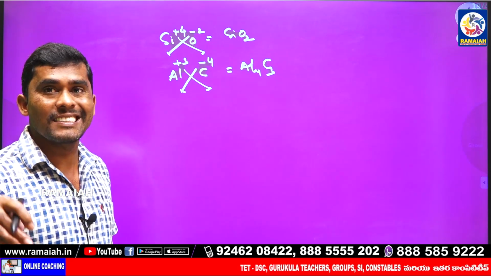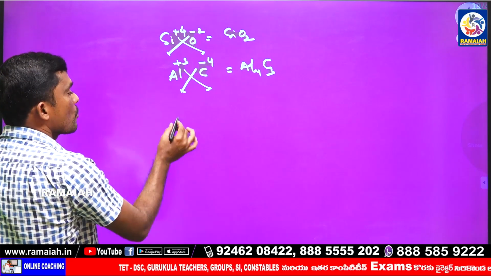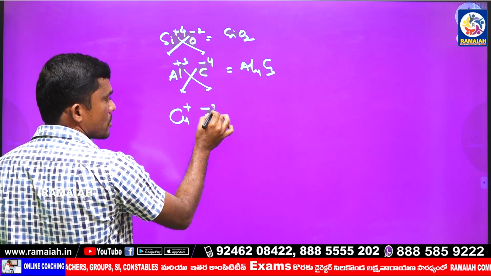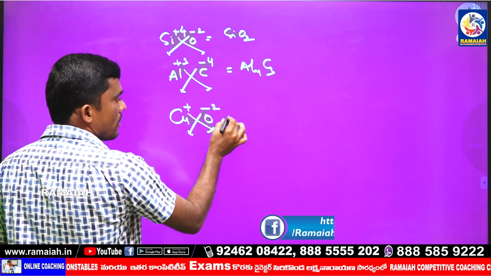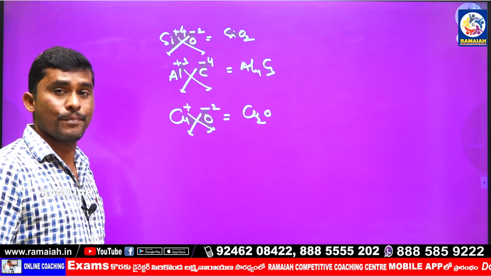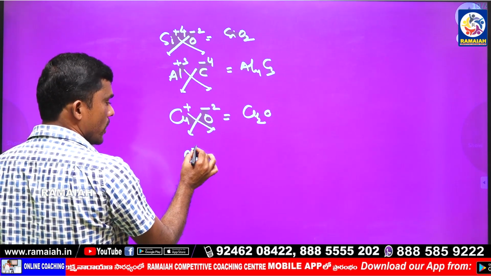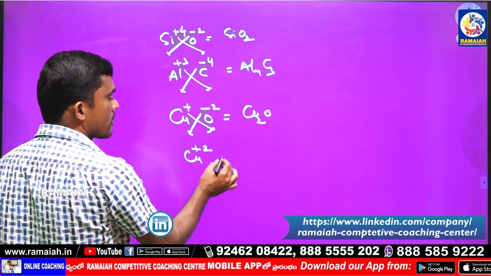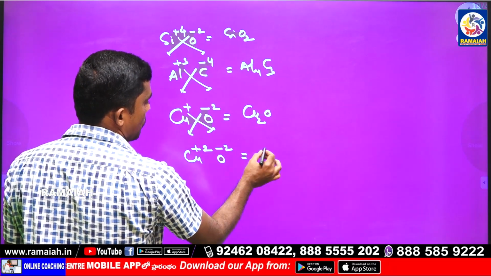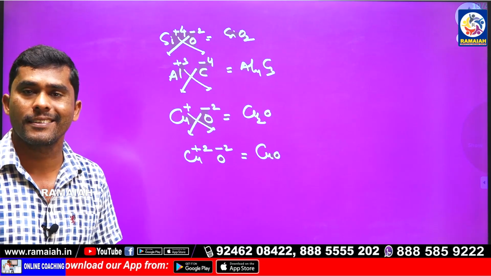Cu plus is called cuprous. Cu plus 2 is called cupric. So Cu plus, cuprous oxide, O minus 2. So use the crisscross method: Cu2O, cuprous oxide. Cupric oxide: cupric means we take Cu plus 2. Oxide O minus 2. Here the charges are equal. Then the formula is CuO, cupric oxide.